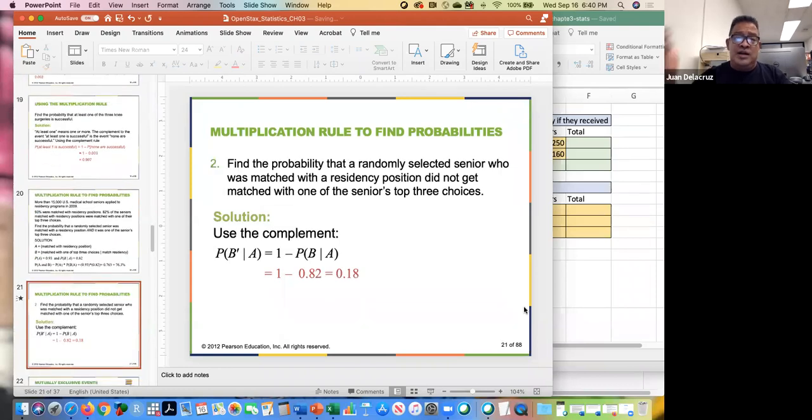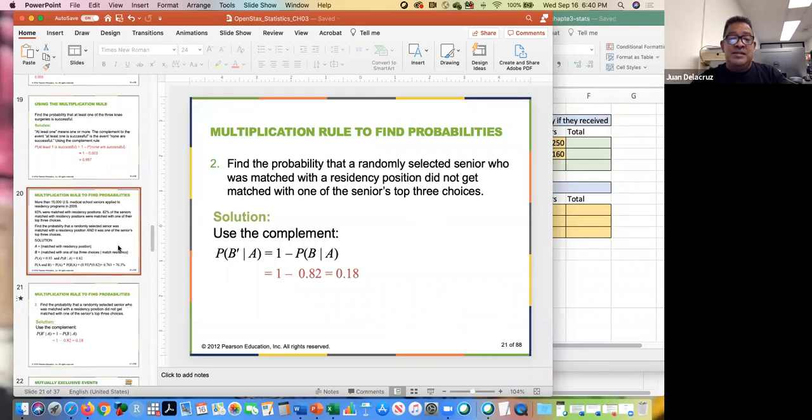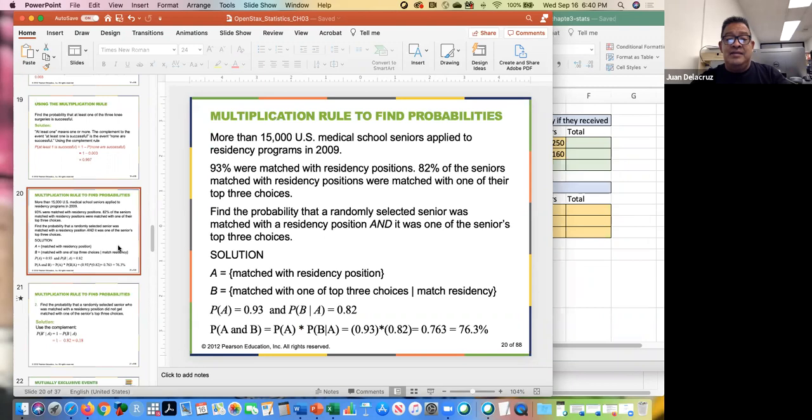So moving on. We also have, using the complement, find the probability that a randomly selected senior who was matched with a residency position did not get matched with the top 3 choices. We know that 82% of them were matched among the 3 top choices.